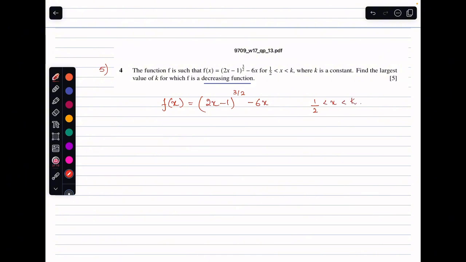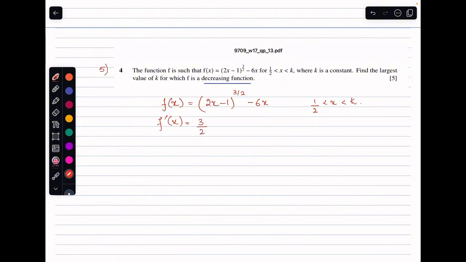If I need the gradient equation, this is my f prime x, and it's a composite function, following the chain rule, so first I differentiate with respect to the power, which is 3 by 2.